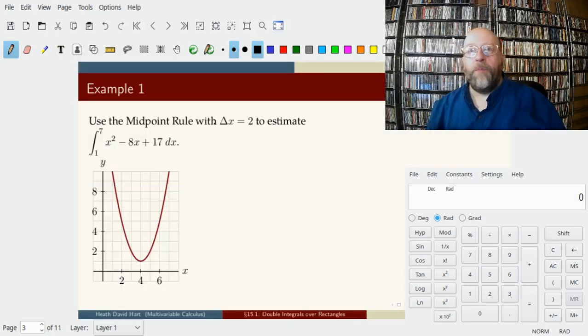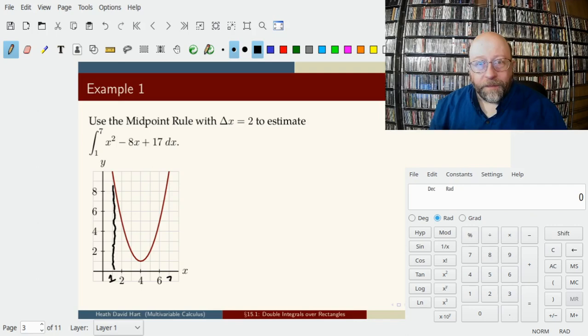We're going to use the midpoint rule with delta x equals 2 to estimate the integral from 1 to 7. So from 1 to 7, just this area here. See if I can get that line to come out almost vertical. All right, and then 7.